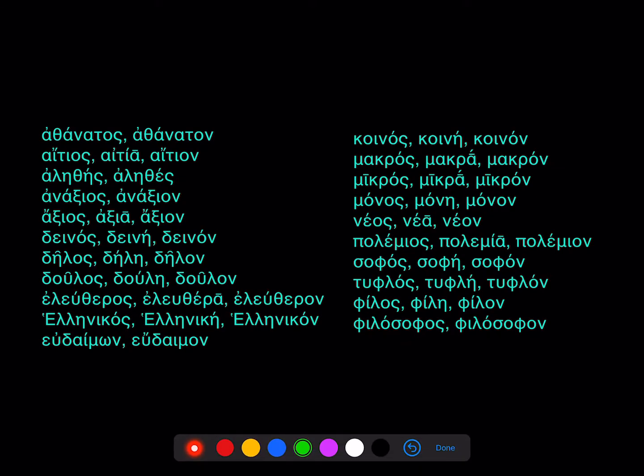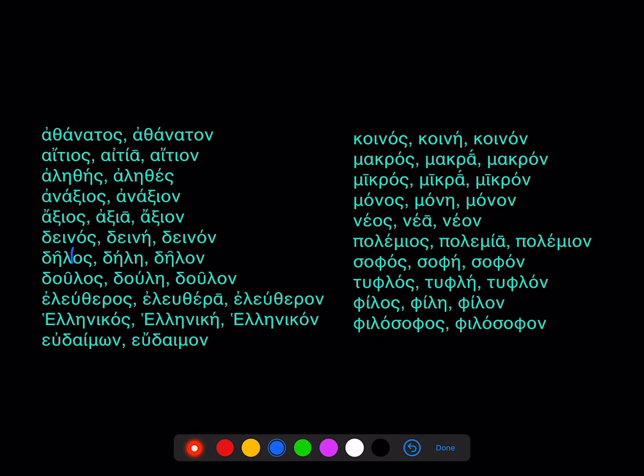So here is a list of all the adjectives that we already know that form their comparatives and superlatives in a regular sort of way. So we'll use these as examples to figure out whether those stems end in a long or a short syllable. So first off, if that last syllable of the stem contains a long vowel, then that syllable is long.